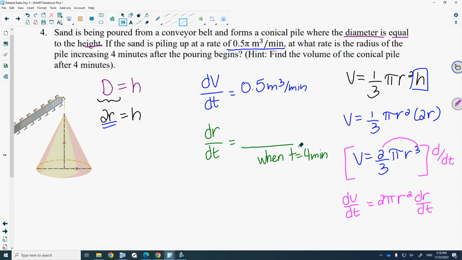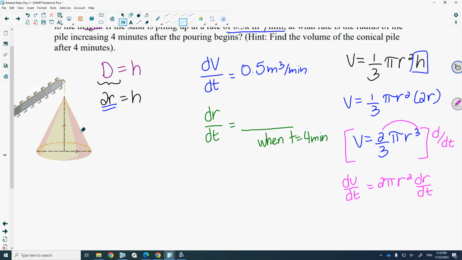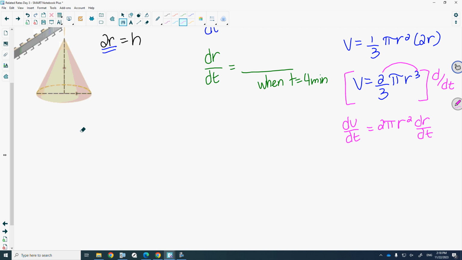So I've got to do something with this time. Here's what the hint says. It says find the volume of the conical pile after 4 minutes. So let's see what that would be. Volume of pile at 4 minutes.